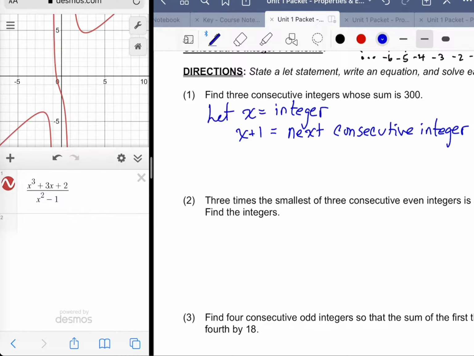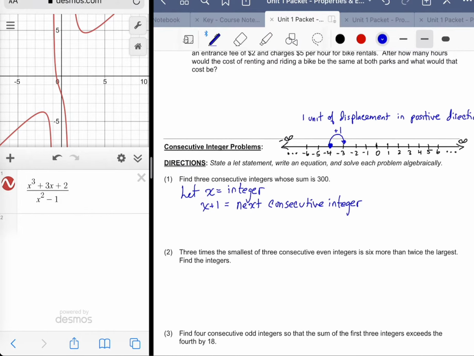We want 3 consecutive integers. On my number line, I have 2 consecutive integers: the one we started with and the one unit away. If I want another one, I'd have to make another 1 unit of displacement. So I'd be adding 1 to my initial value twice, or adding 1 to my second value just the one time.